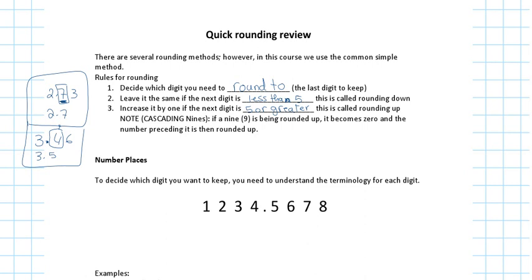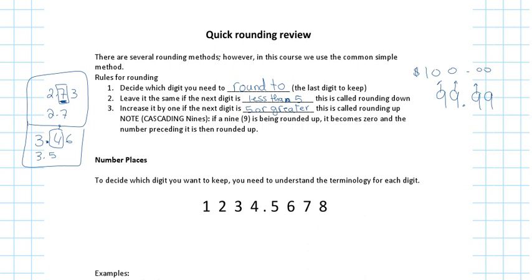I'm not going to say $99, I'm going to say it's $100. What happened is this 9 causes this 9 to go up to 10, which caused this to go up to 10, which caused this to go up to 10. So I'm going to end up with $100. These are called the cascading 9s.